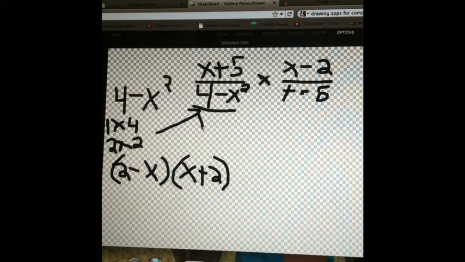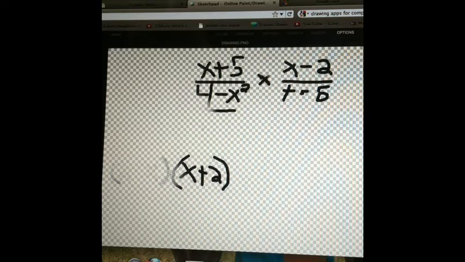So now we can erase all this. Now we're going to add that to the equation. Let me just erase all this so it looks a lot neater. So now we're going to write all these in parentheses. x plus 5.